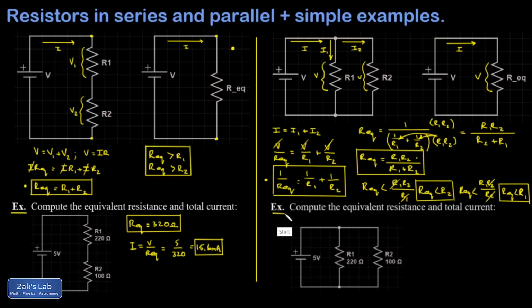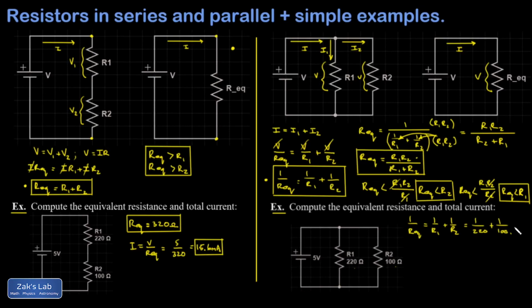My parallel equivalent resistance should be less than 100 ohms, less than either one of these. So I'm going to go back to my original parallel equivalent resistance formula because it's the easiest one for me to remember. So I'm just trying to be honest about the way I really do these problems. And 1 over Req is going to be 1 over 220 plus 1 over 100.